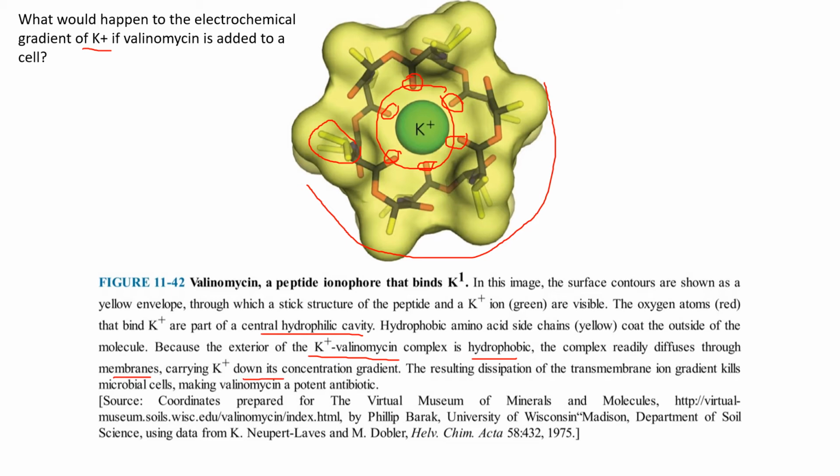The resulting dissipation of the transmembrane ion gradient kills microbial cells, making valinomycin a potent antibiotic. So this is really important, especially to answer your question. But like I said, I recommend that you read a few paragraphs.